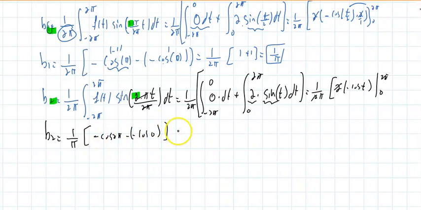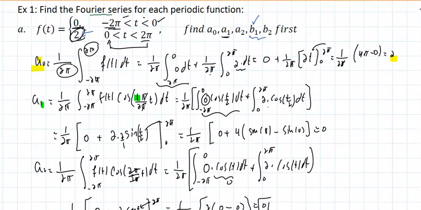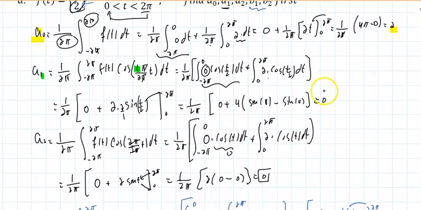Well, let's see. That is 1 over pi times a negative 1 plus 1, which is 0. So b sub 2 is 0. b sub 1 exists, b sub 2 is 0. Now, from what I saw, it seems that all the a sub n's are going to be 0.